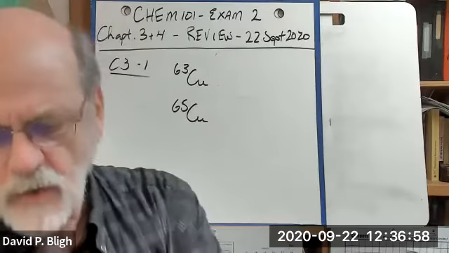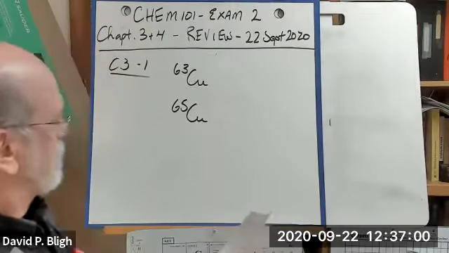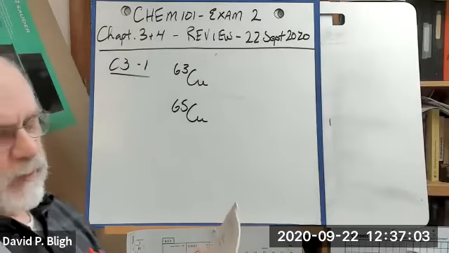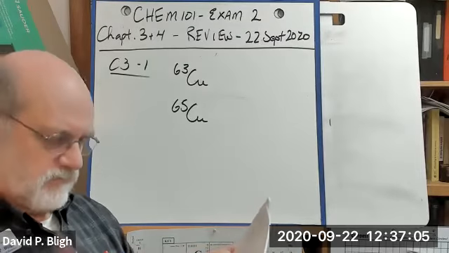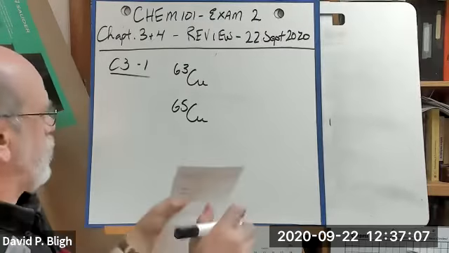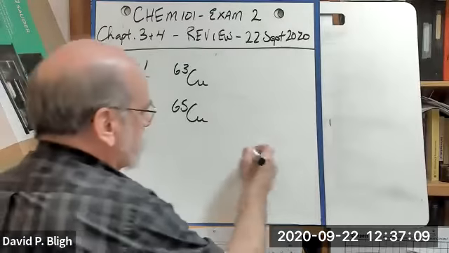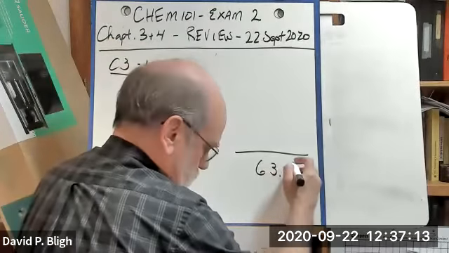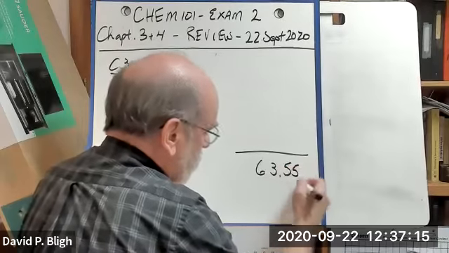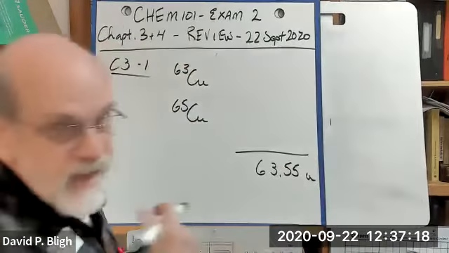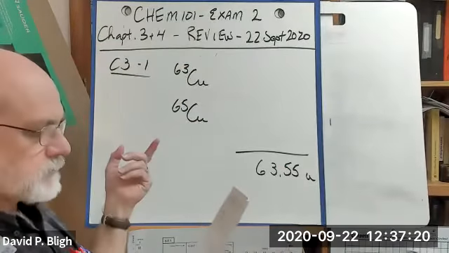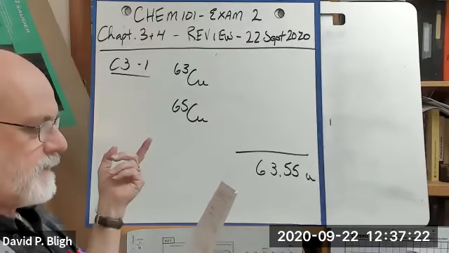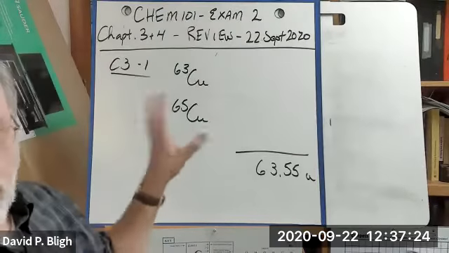So how do we go about doing the weighted average? Well, actually, this problem is working backwards in one respect. The weighted average is 63.55 atomic mass units. So that's the information that we're given.